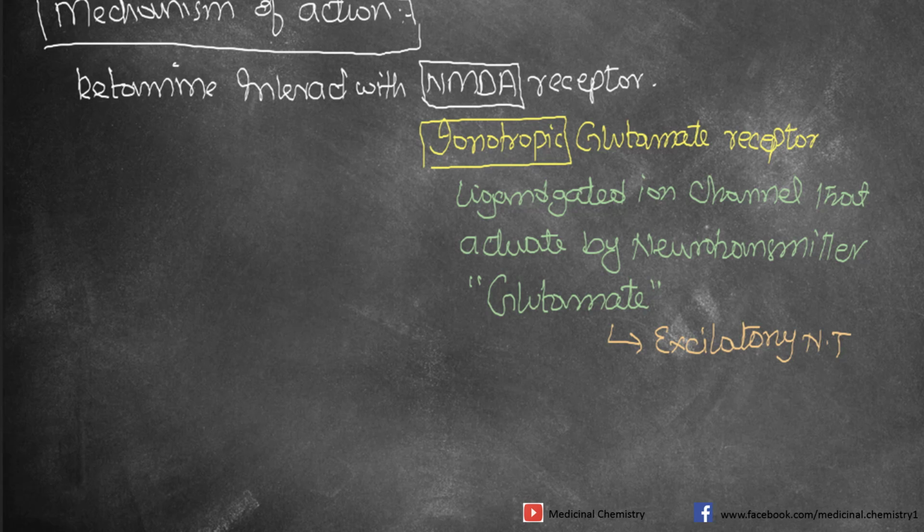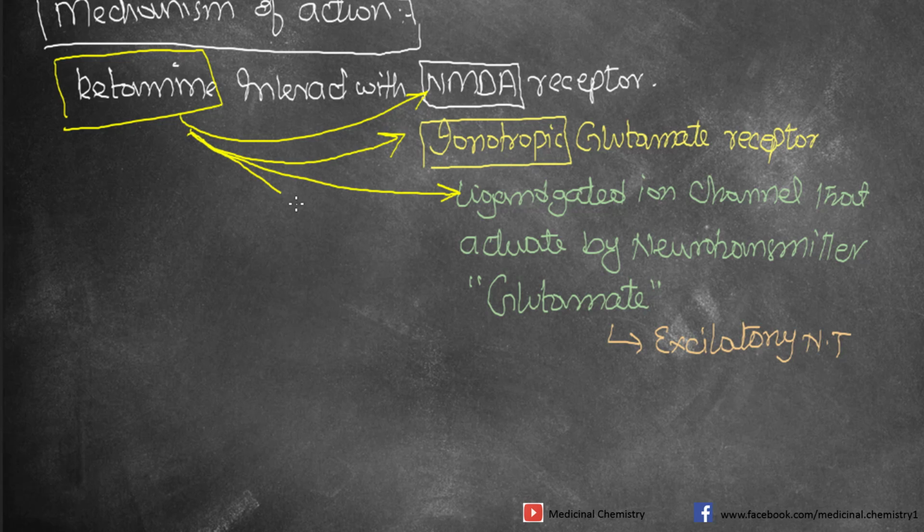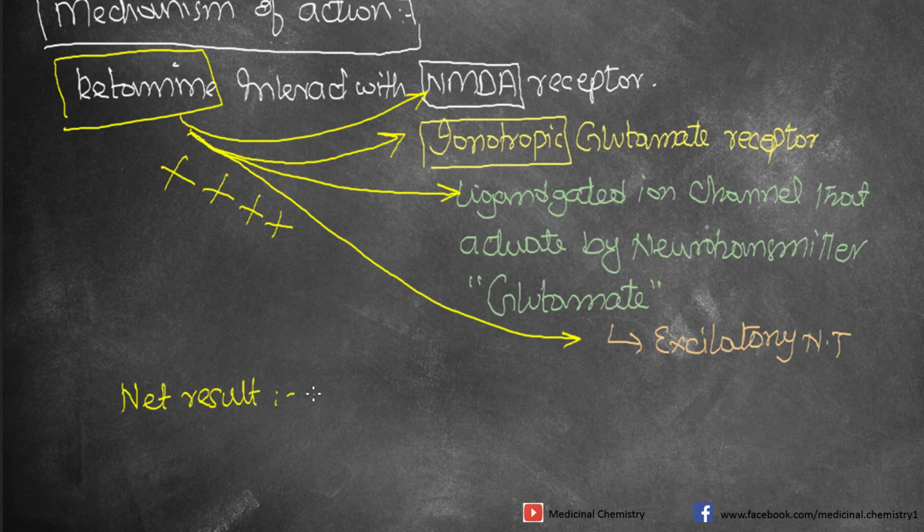When ketamine is injected, it interacts with the ionotropic glutamate receptor and blocks the ligand gated ion channel, suppressing the excitatory neurotransmission of glutamate. The net result is suppression of excitation. I hope this makes sense.